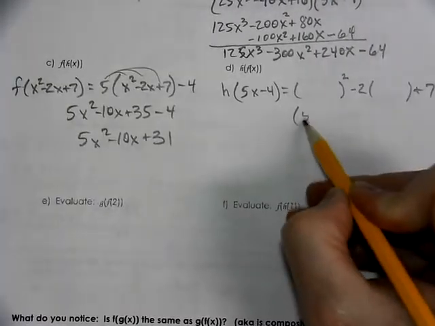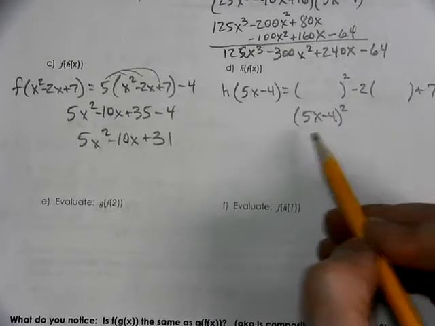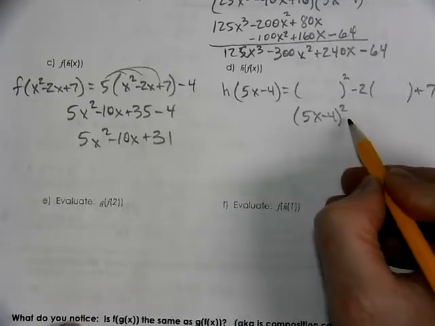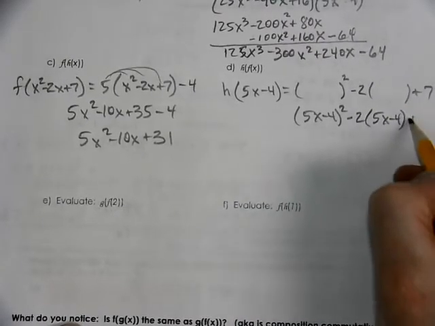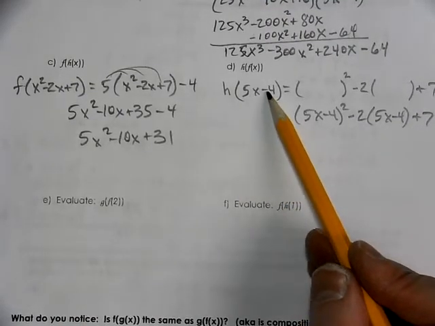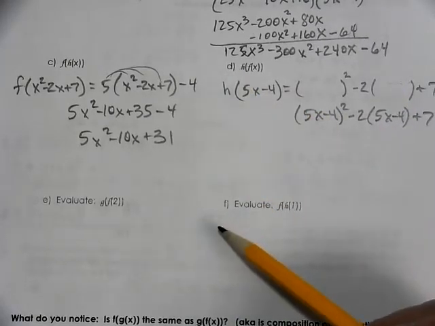So we're going to plug our 5x minus 4 inside of that. I'm just writing it in a new line so you can see that there's a different thought process. Minus 2 times 5x minus 4 plus 7. I plugged the 5x minus 4 in place of the x that was part of the h function.